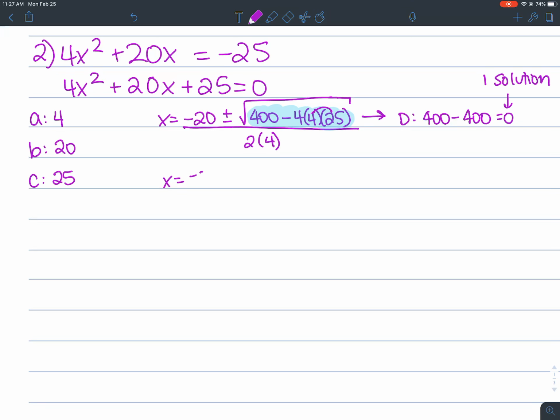So x equals negative 20 plus or minus the square root of 0 all over 8. Now the square root of 0 is just 0, and if I add that or subtract that, it doesn't change. So x is really just negative 20 over 8, which can simplify so that we get x equals negative 5 over 2 or negative 2.5. Take your pick.